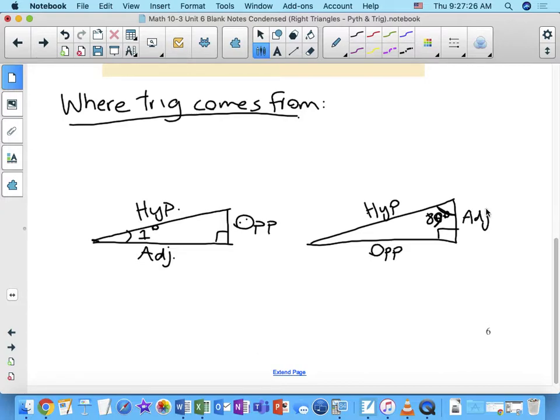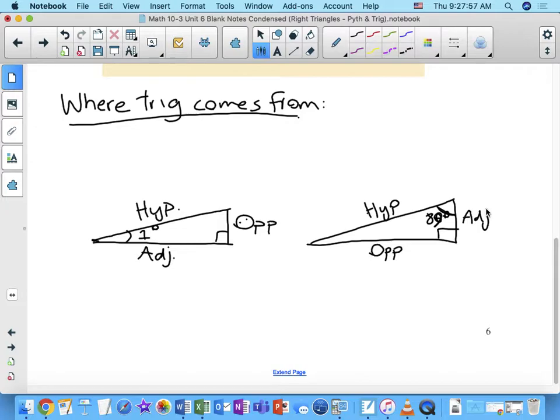But what they did was they measured all the side lengths, and then they recorded the ratios of the side lengths in a book. And then they gave that book out to people, and people could reference it to solve problems. Up until quite recently, I would say probably somewhere around the 80s, that's what people had to use when they tried to use trig ratios.